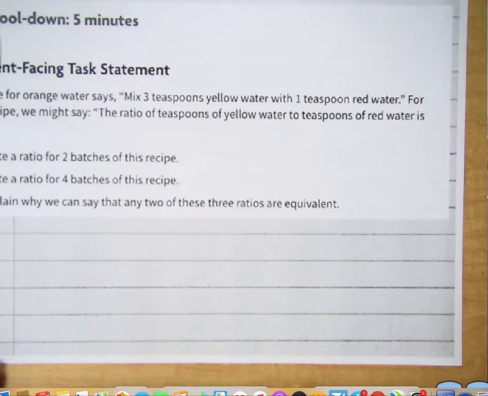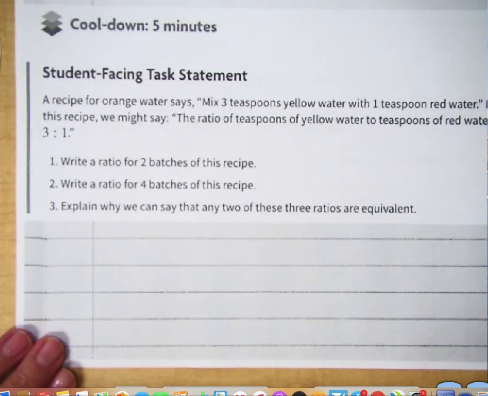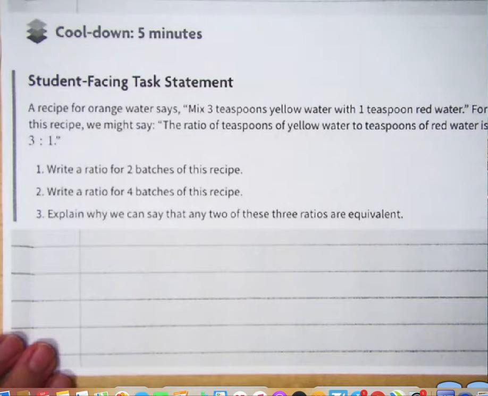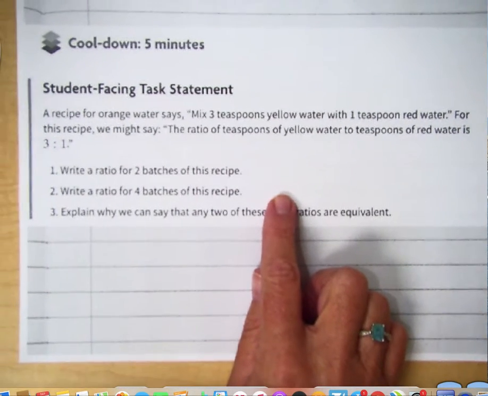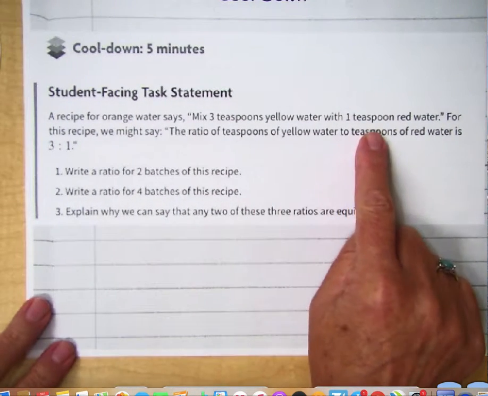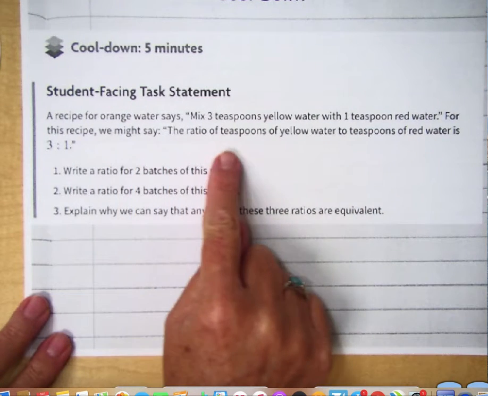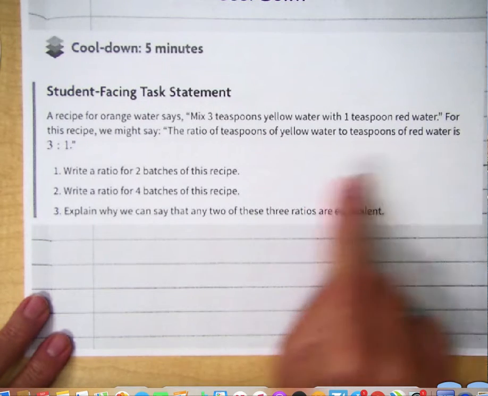Okay, what I want you to do now is go back to your Canvas page. There is a link there on Friday that says a recipe for orange water says mix 3 teaspoons of yellow with 1 teaspoon of red. For this recipe, we might say the ratio of teaspoons of yellow water to teaspoons of red water is 3 to 1.